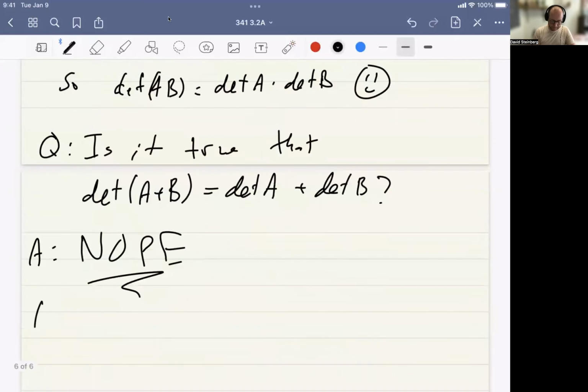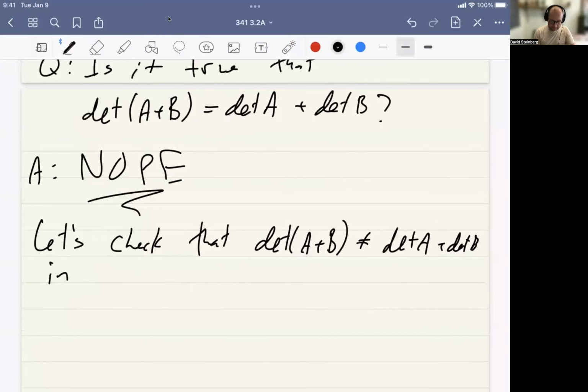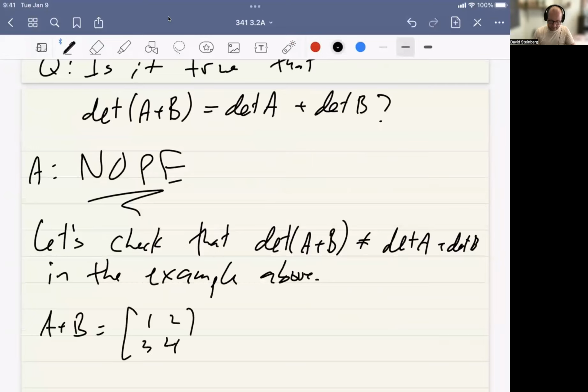So let's check that the determinant of A plus B is not equal to the determinant of A plus the determinant of B, in the example above. A plus B is [1, 2; 3, 4] plus [5, 1; -1, 1]. So this is [6, 3; 2, 5].